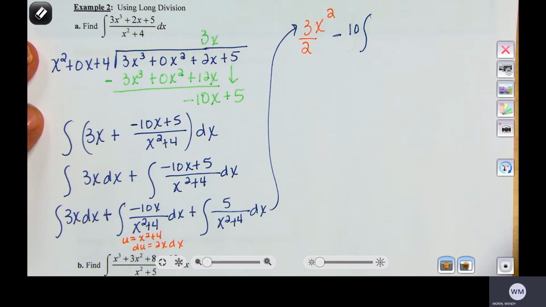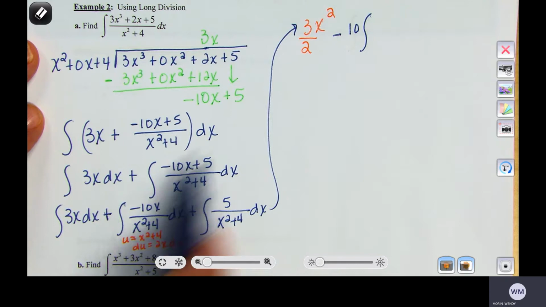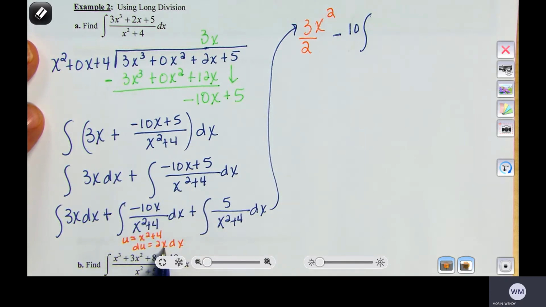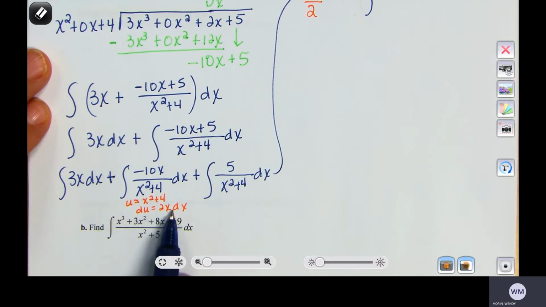Okay. I pulled the negative 10 out in front. What is x dx? I've already gotten rid of this. I need to substitute x dx. Here it is, right here. x dx is du divided by 2.